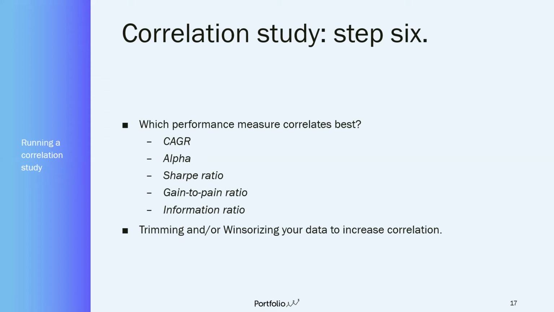Again, my personal preference: I don't find the difference between performance measures terribly great, but my personal preference is to use alpha, trimming outliers and using a weekly or biweekly, a 2-week alpha period, for alpha measuring.